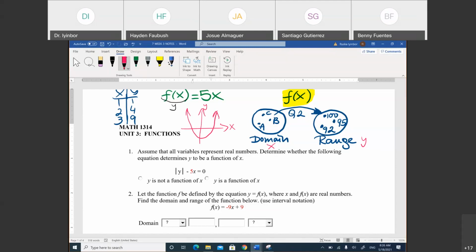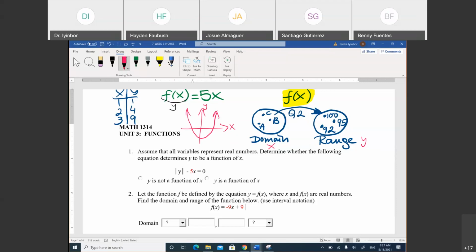So a function is a relation between two sets of elements. The first set is the domain, the result is the range. Whatever you do, you have to do it only once. You can represent the function with a table, with an equation, and with a graph. Okay? So now, how do you know if a table, equation, or graph is a function?